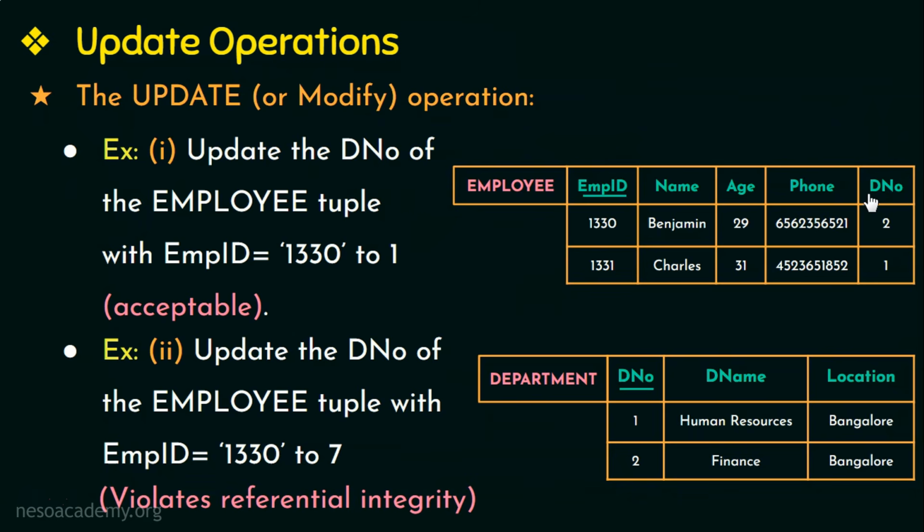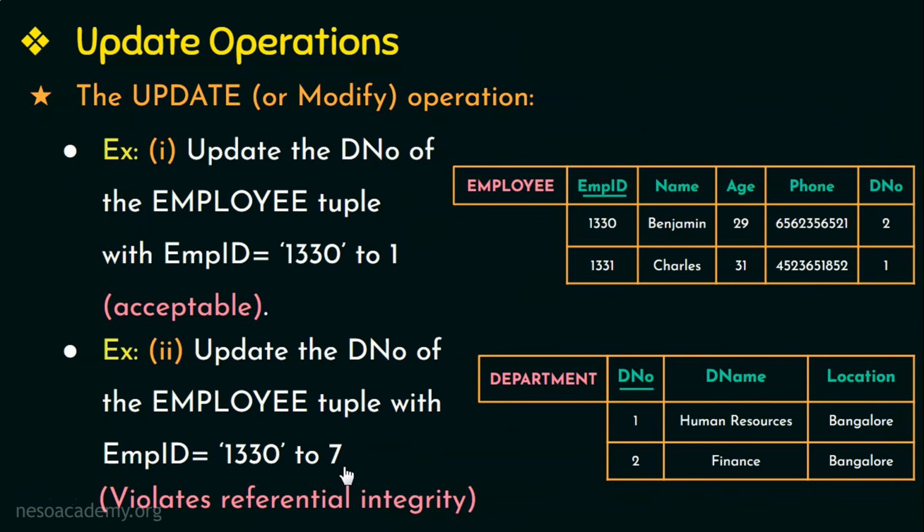We know that the D number of the employee relation is a foreign key because it refers to the D number of the department relation. And since the D number 7 does not exist in this relation department, we cannot update this D number to 7. So when this constraint is violated, we either reject the updation or we add a new tuple in this relation department with D number as 7. Or the DBMS could ask the user to change this value.